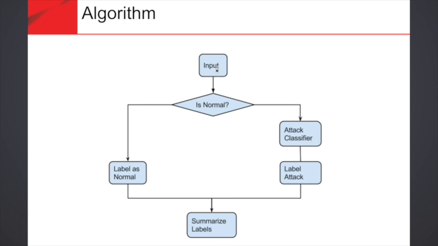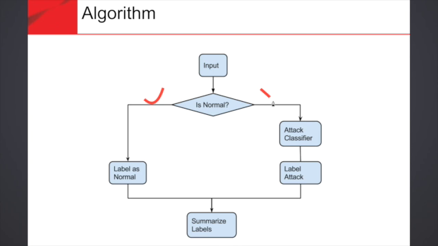After some feature selection, we first classify it as normal and abnormal. If we think it's normal, then we just label it as normal.